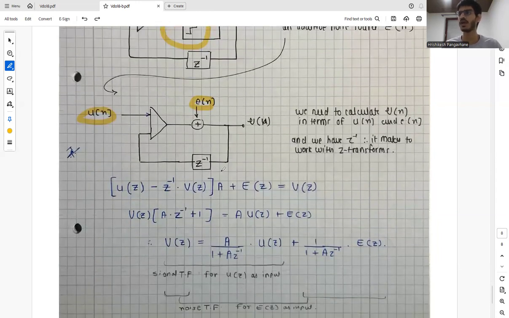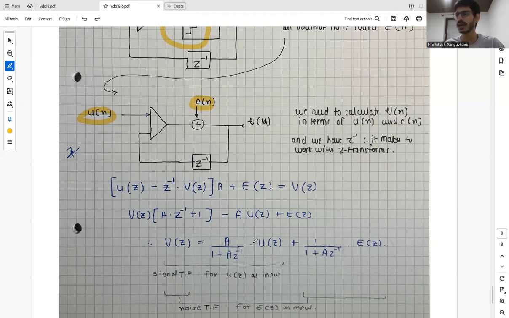This is basic electronic circuit design knowledge, coming from Kirchhoff's current and voltage laws. So we have U of Z minus Z inverse times V of Z times the complete gain A, plus E of Z, equals the output V of Z. When we solve this equation, our output V of Z comes out to be A upon 1 plus A Z inverse times U of Z, plus 1 upon 1 plus A Z inverse times E of Z.